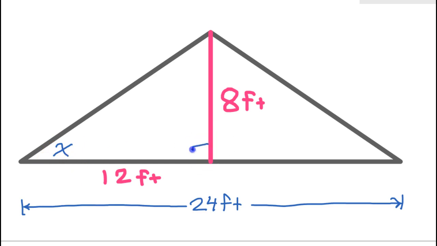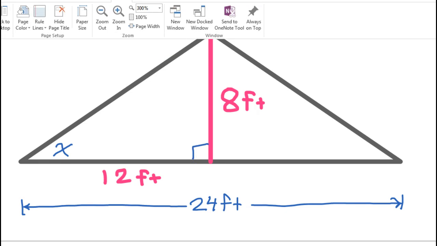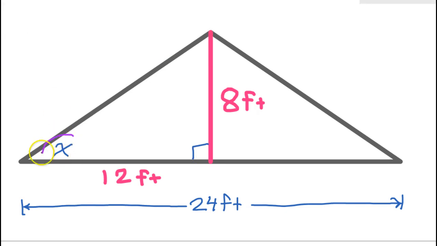Alright, and we do have our right triangle ready to go. So let's do what we do. Let's choose an angle. Of course, we're going to choose this one because that's what we are trying to find. Now we are ready to label. Start with the hypotenuse. The hypotenuse is always across from the right angle.